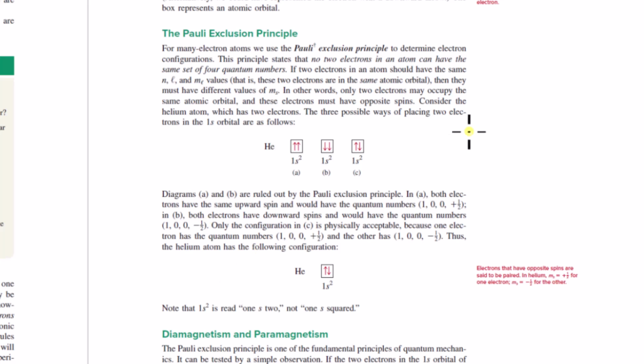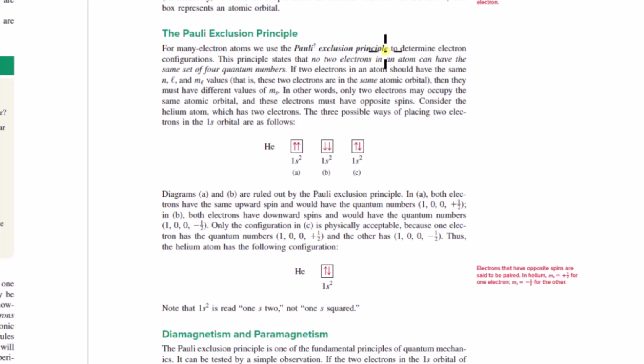You could potentially spin like this, but maybe you could also spin like this. Let's say there was evidence that showed 4 different spinning states instead of 2. Then for the same orbital, if you had the same n, l, and m sub l values, you could have 4 different m sub s's, and that would mean that 4 electrons could occupy the same orbital, but that's not the case. Only 2 electrons can occupy the same atomic orbital.